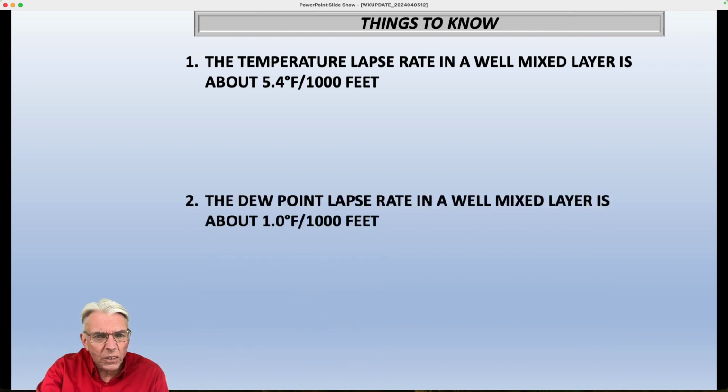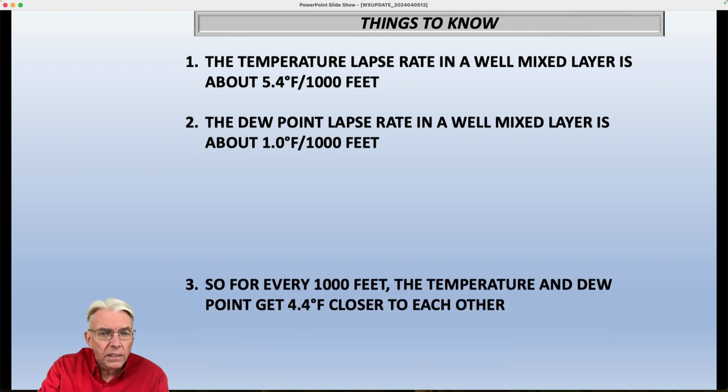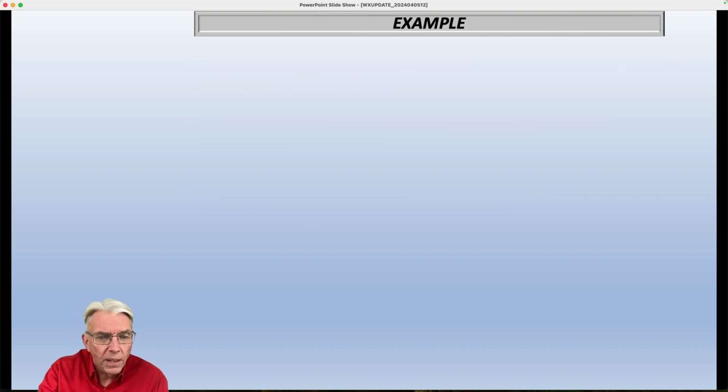The dew point, which is the temperature at which you have to cool the air to reach saturation, has a lapse rate in a well-mixed layer of about 1 degree per 1,000 feet, okay? So, for every 1,000 feet, the temperature and the dew point are getting 4.4 degrees Fahrenheit closer to each other.